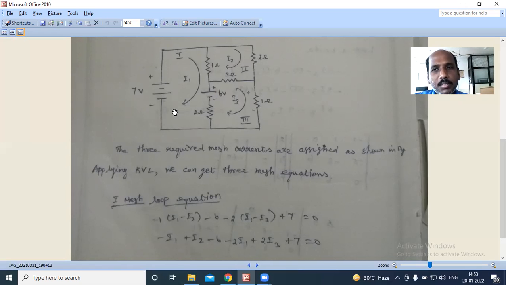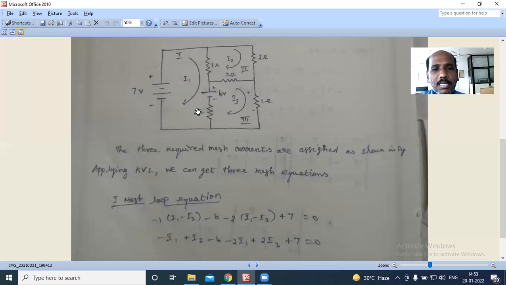So for example, plus 7, then minus 5, then minus 2. Say 5 volt is dropped here and 2 volt is dropped across the 2 ohm resistor, then I can write plus 7 minus 5 minus 2 equal to 0. That is how we form the equation by using statement 2.